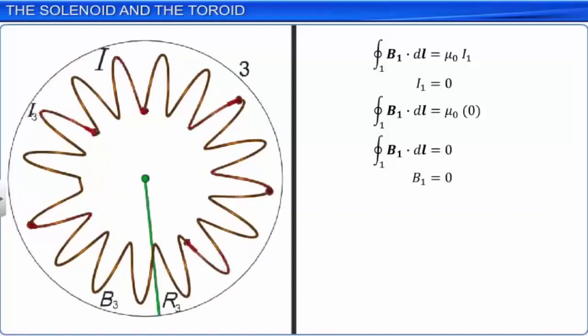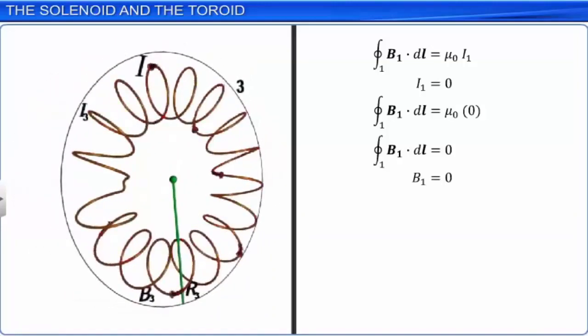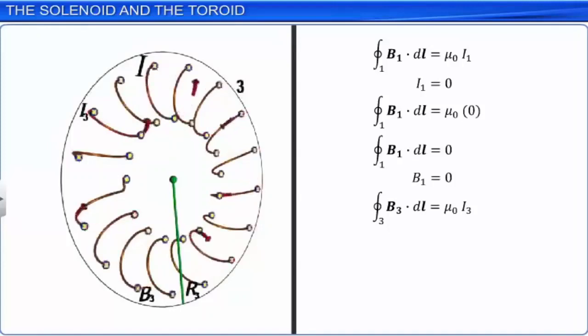Now consider the Amperian loop 3. According to Ampere's law, the integral over the closed loop 3 of B3 dot dl is equal to mu naught I3. As the area bound by loop 3 cuts each turn of the toroid twice, each outer part of the turn in loop 3 has a corresponding inner part of the turn in the loop.